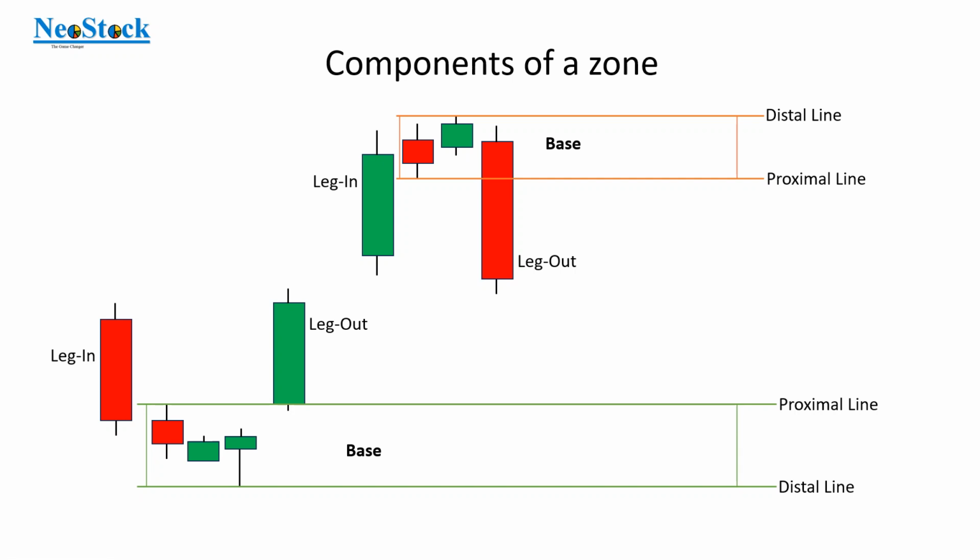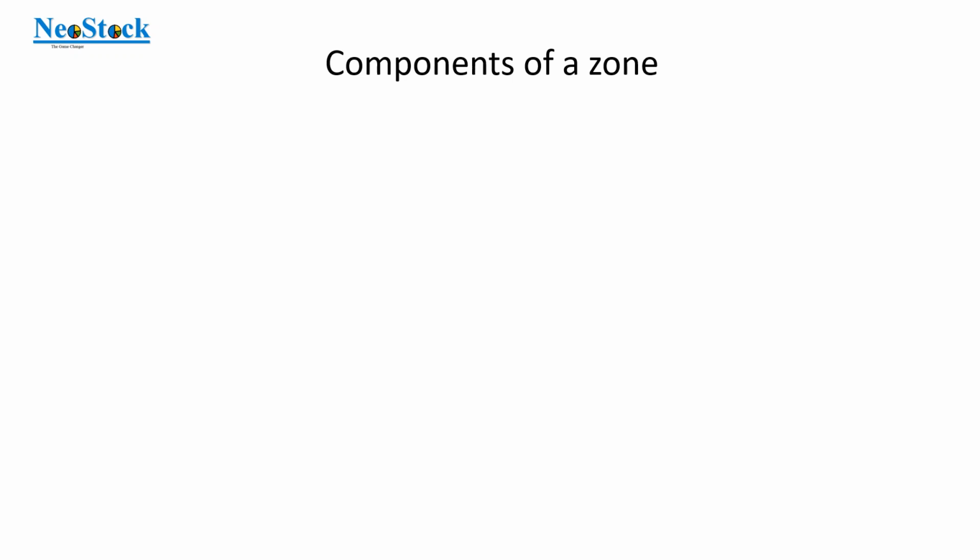And these concepts you will be seeing in detail in the coming sessions. So the components of a zone, is it clear? Now let us look at all these components in detail in a chart. So we have a leg-in candle. Immediately after the leg-in, what we should have?